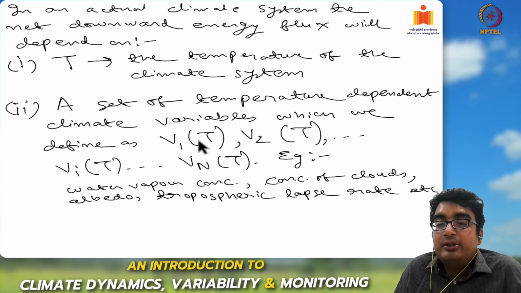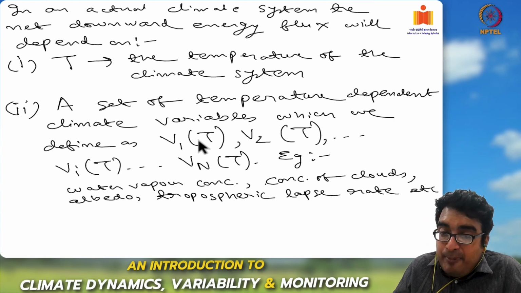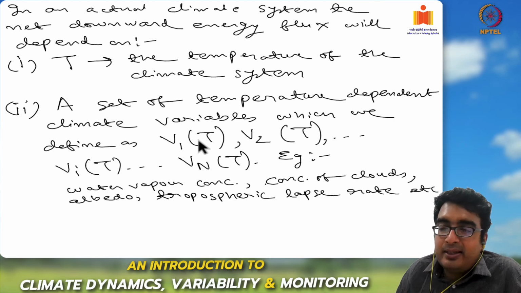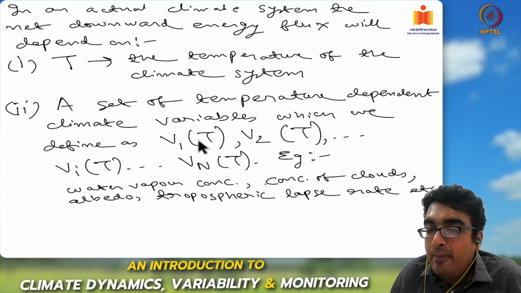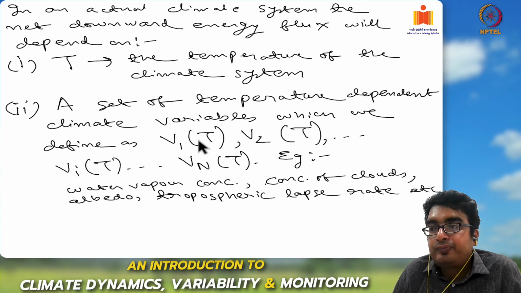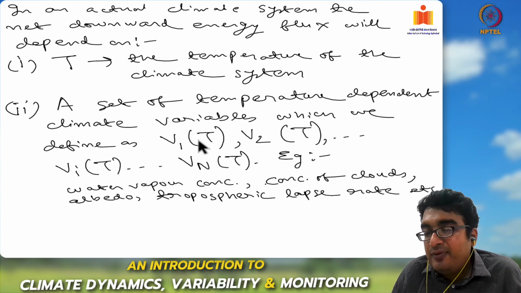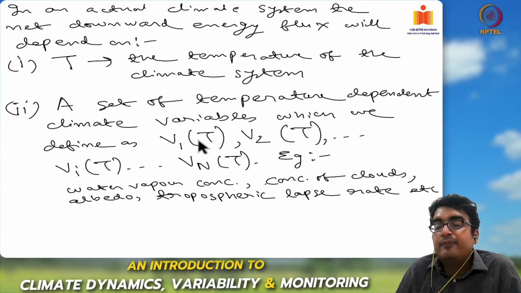Okay. So these are variables that depend on temperature and impact the net incoming flux. Examples of such variables include water vapor concentration. Very important, we will discuss this.